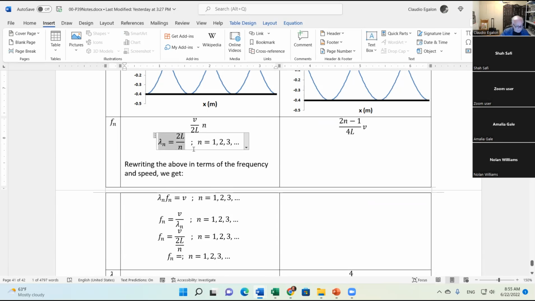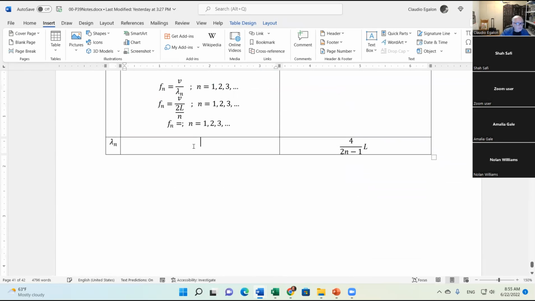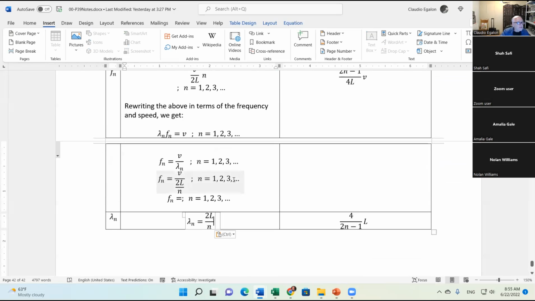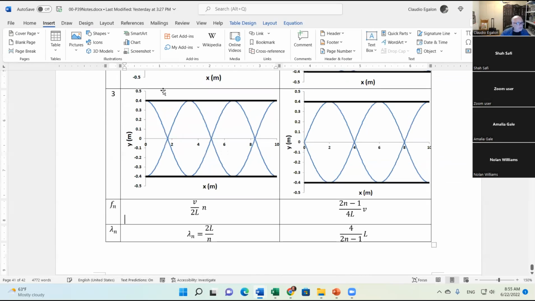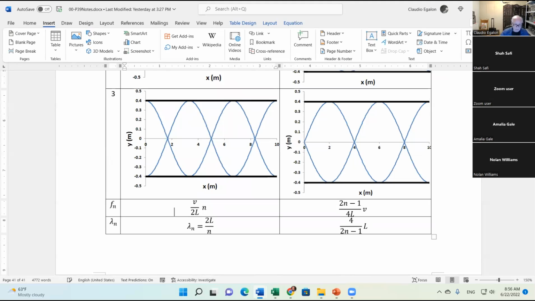In all those cases, n equals 1, 2, 3, and so on. n equals integers right in here. Okay, like that. That's how they compare.